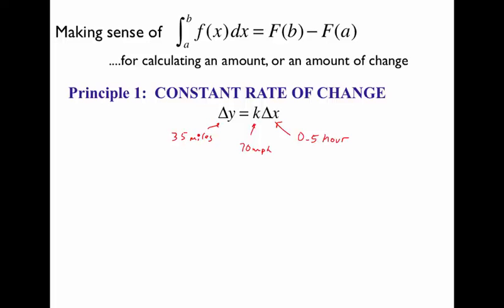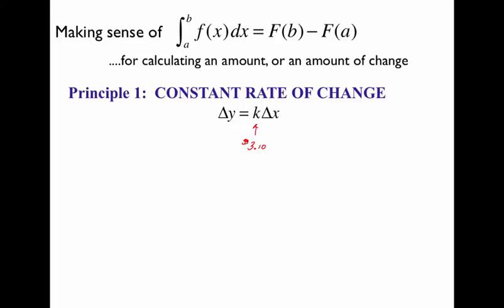This is just a general formal way to represent this kind of thing. If you're going 70 miles per hour and you go for an additional half an hour, that's your change in time, then your change in distance traveled will be 35. 70 times 0.5.